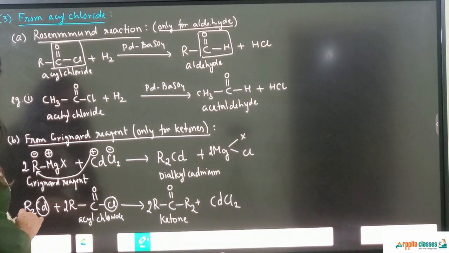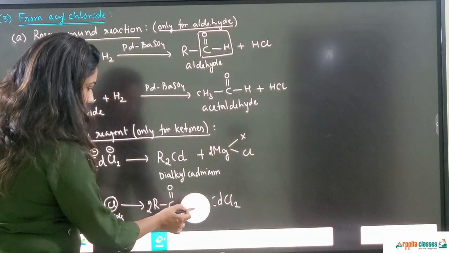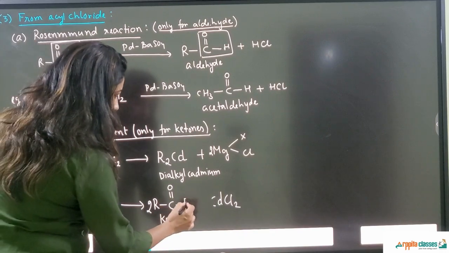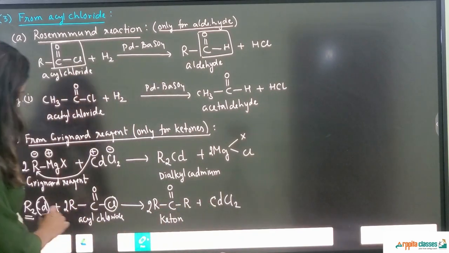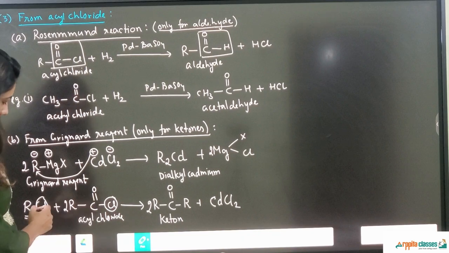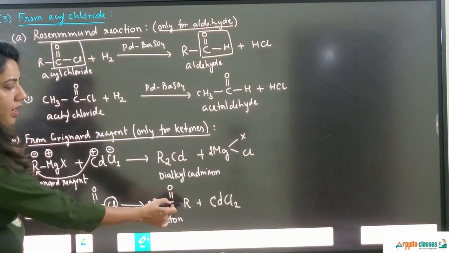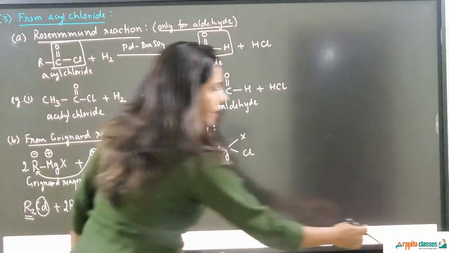Sorry, this is not R2, there are two R actually. So the Cl is coming out and R is getting attached over here. So we are getting RCOR plus CdCl2.